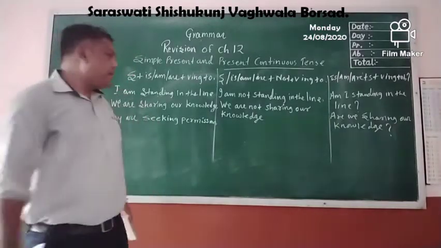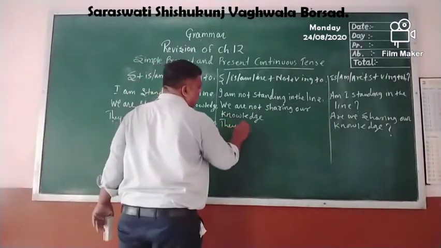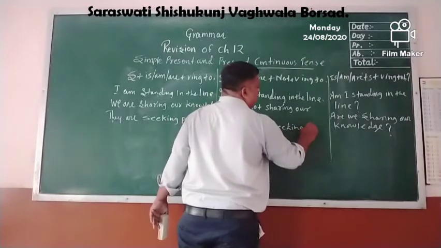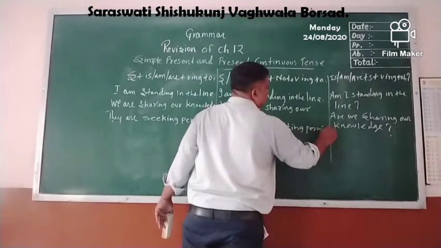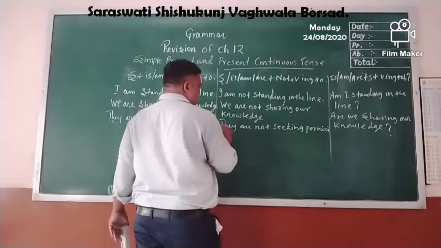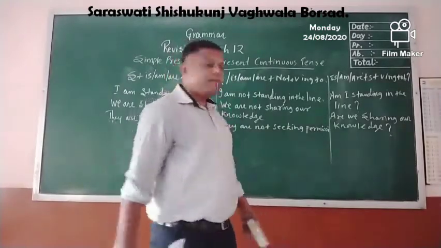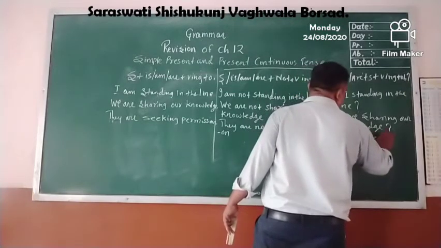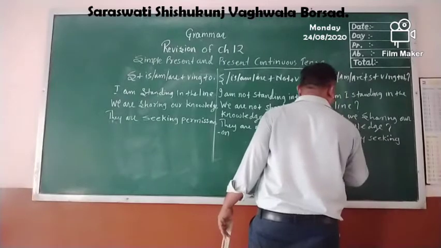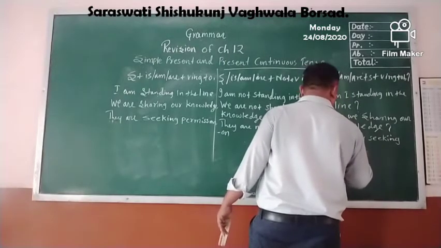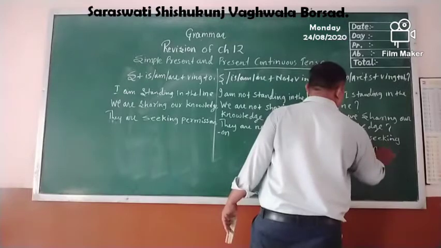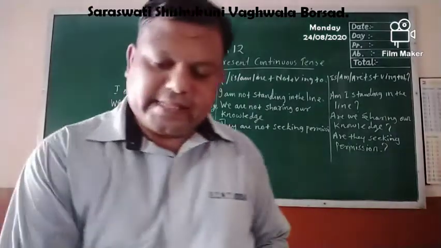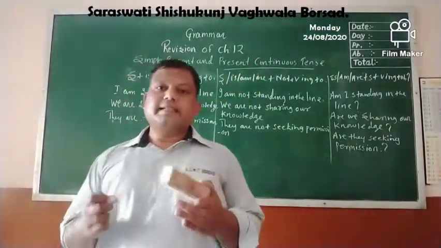They are seeking permission. They are not seeking permission. Correct? Are they seeking permission? So in this way you will understand what exactly is the use of present continuous tense.